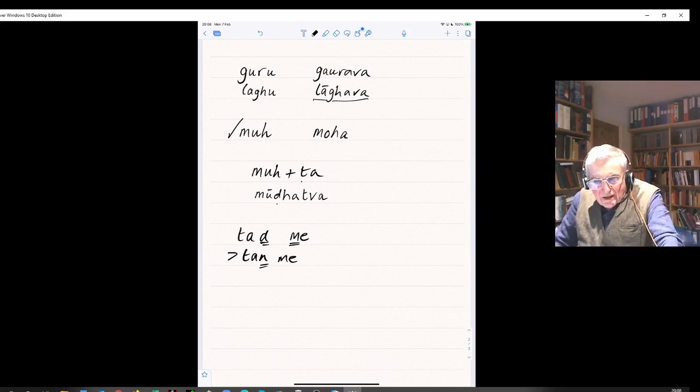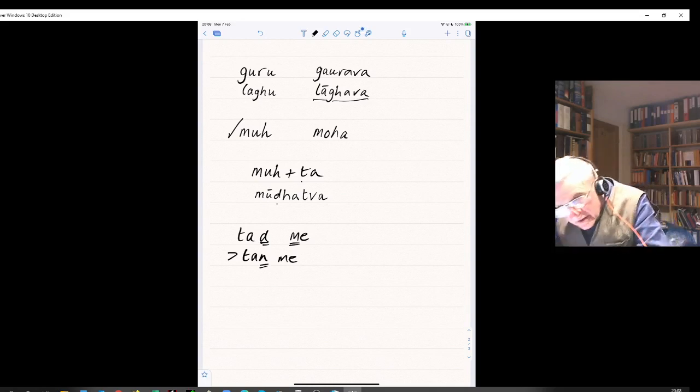Tan me syat avicharata. Now, avicharata, present participle, genitive singular, vicharati, to think. Vichara is more to think discursively, to ponder, to consider.